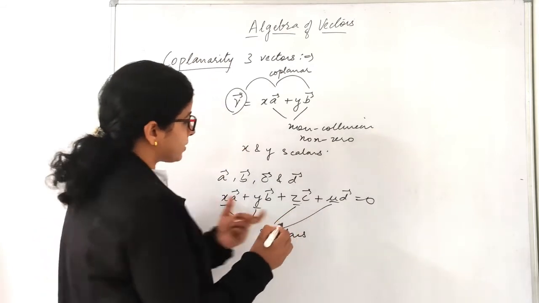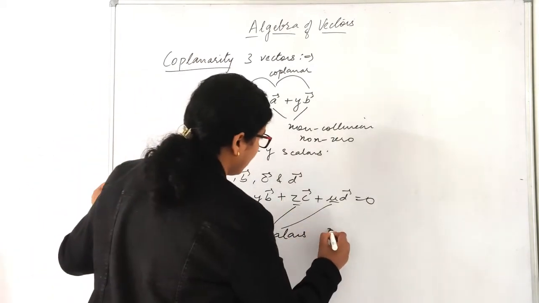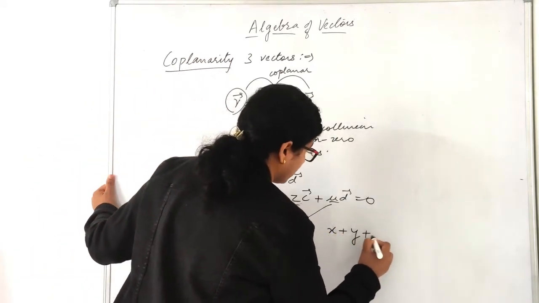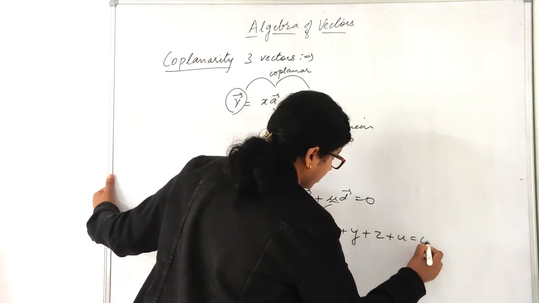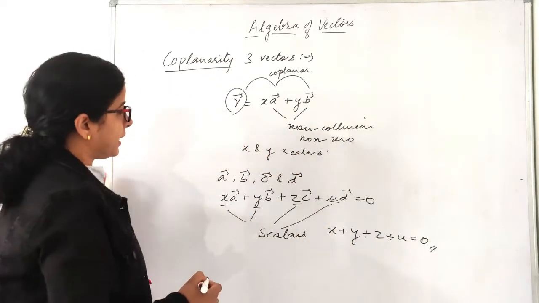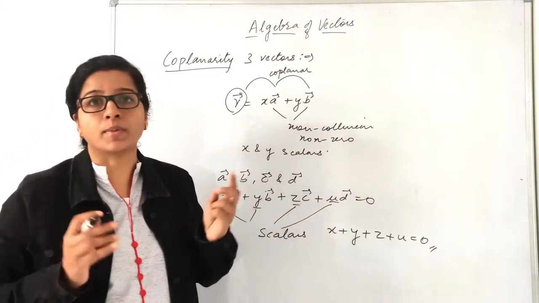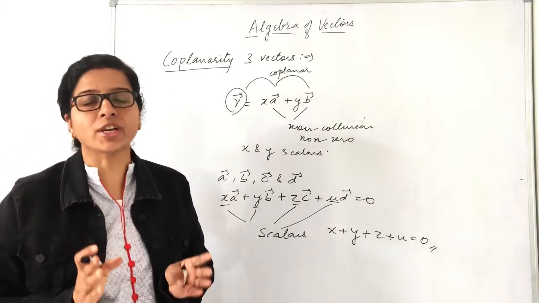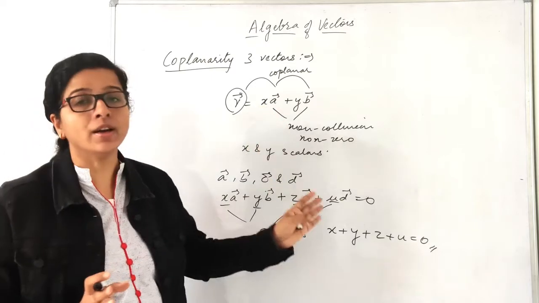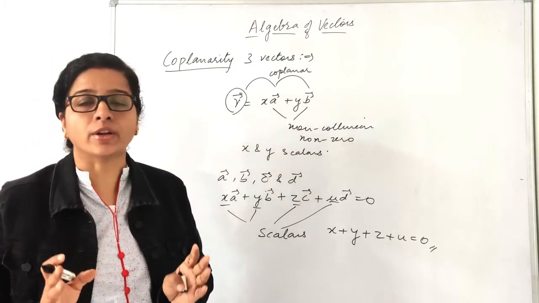Not all of them are 0, and they also adhere to the condition x plus y plus z plus u equals 0. Then only in that case A, B, C and D vectors will be coplanar. Now let us take some examples to understand how to check the coplanarity of vectors.